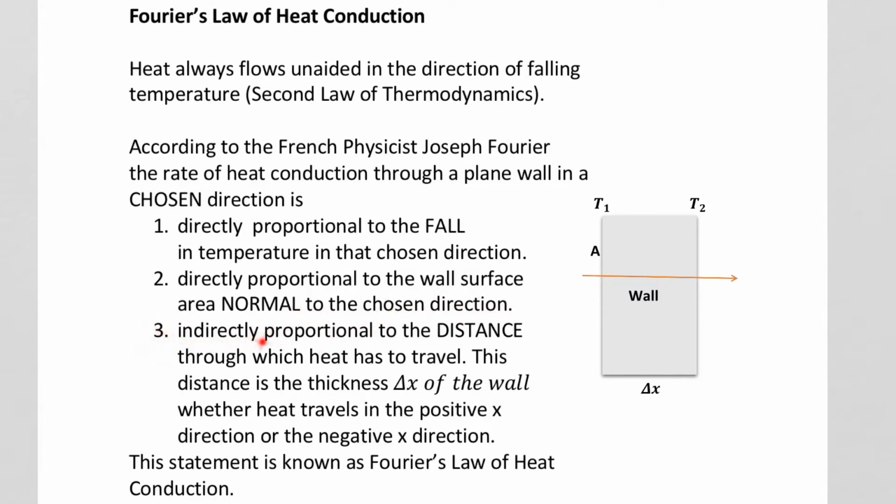Number 3, inversely proportional to the distance through which heat has to travel. This distance is the thickness delta x of the wall, whether heat travels in the positive x direction or the negative x direction. This statement is known as Fourier's law of heat conduction.